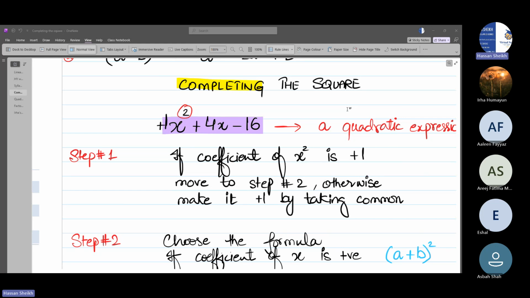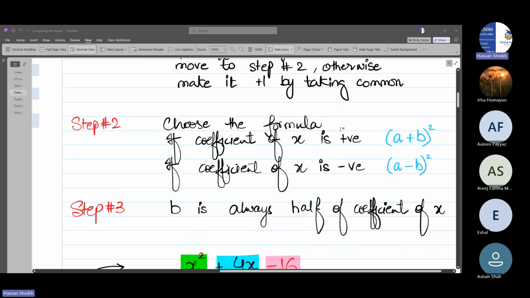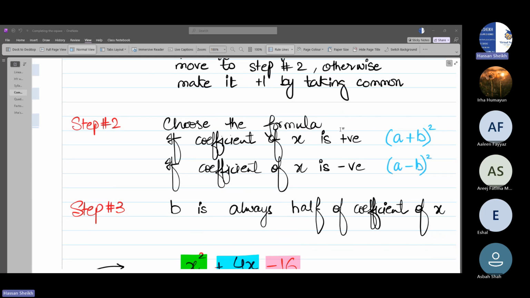We'll solve that kind of question. And if it's positive 1, just like over here where I have an expression x squared plus 4x minus 16, a quadratic expression, we need to move on to step 2. In step 2, you choose the formula, either a plus b whole square expansion, or a minus b whole square expansion.